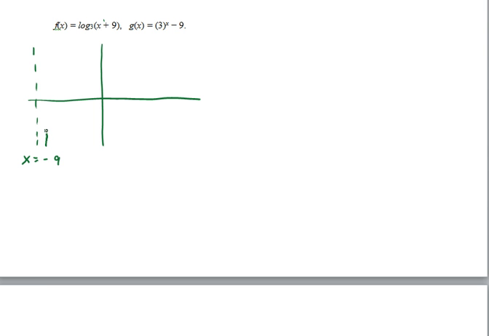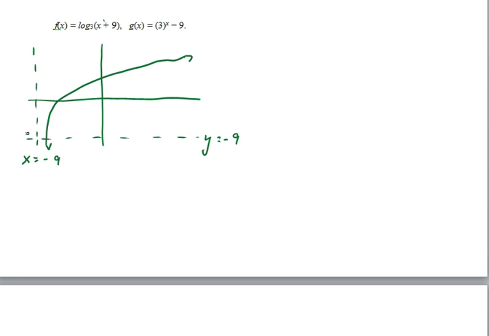So the log function will appear something like this. g of x is 3 to the x minus 9, which is going to move the horizontal asymptote down to y equals -9. Here both f and g are increasing functions because the base is bigger than 1.